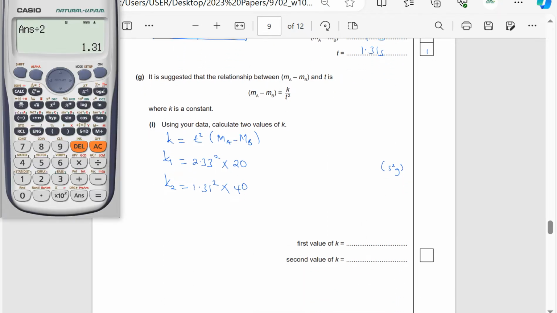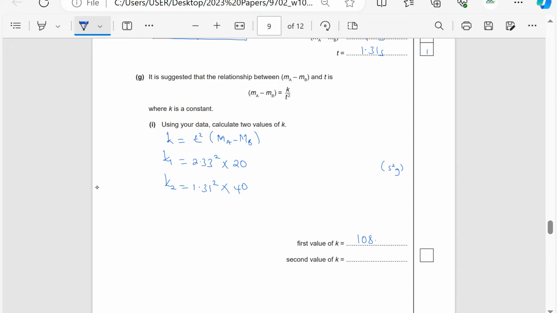So she pressed her calculator, 2.33 squared times 20, and she has the first value of k is 108.